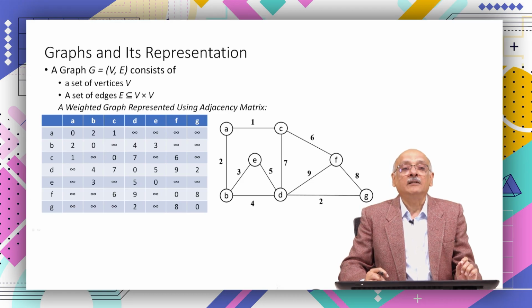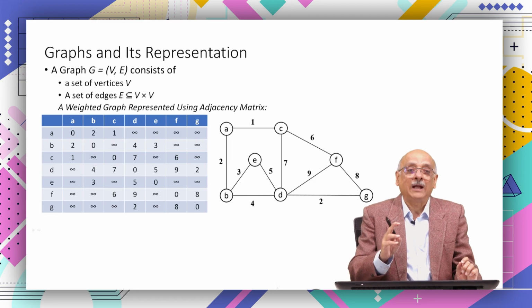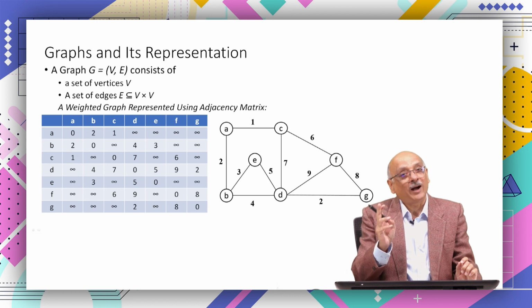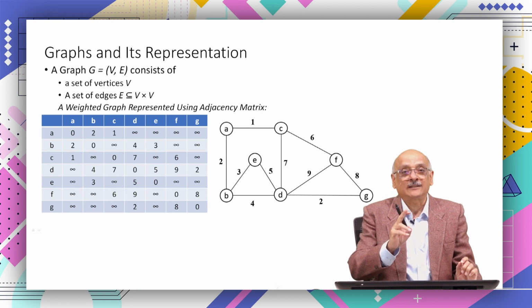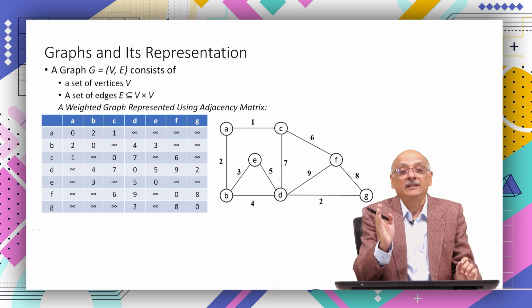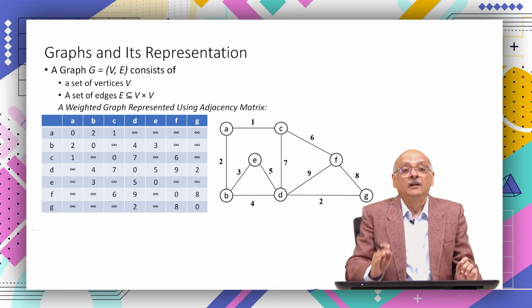The set of edges is from the mapping V cross V, that is, from one vertex to another vertex. It can be from one particular vertex to all other vertices. That is the maximum number of edges possible in a typical graph.